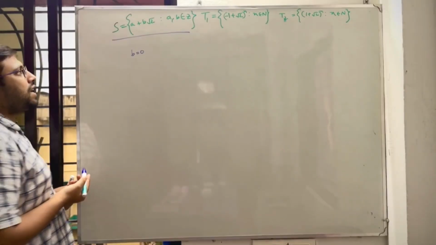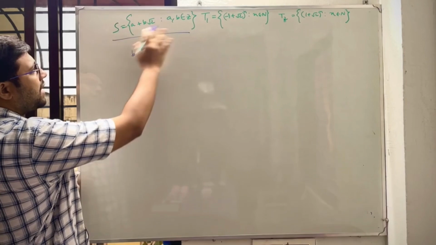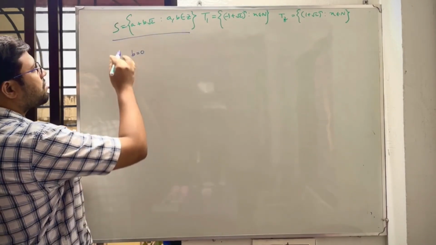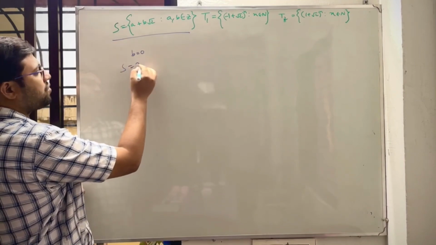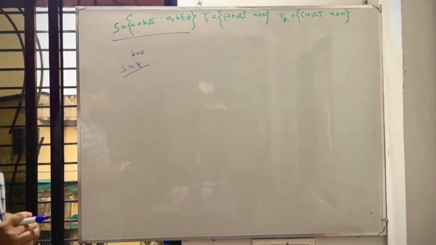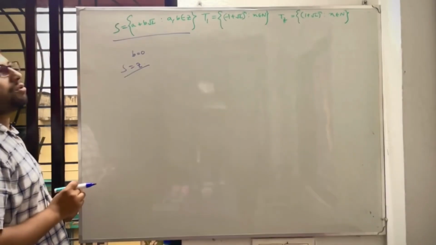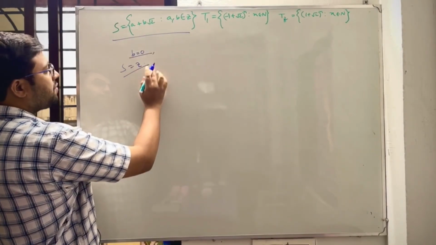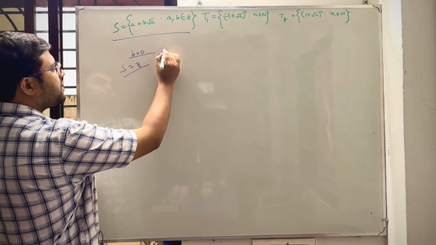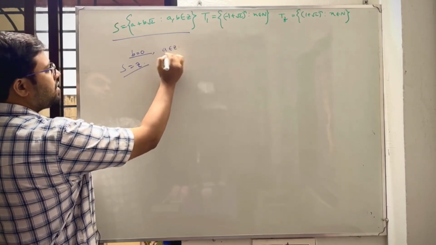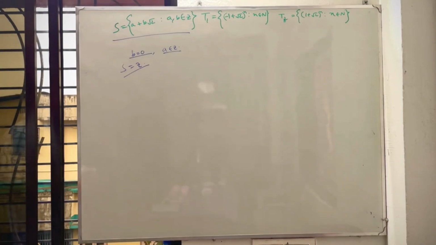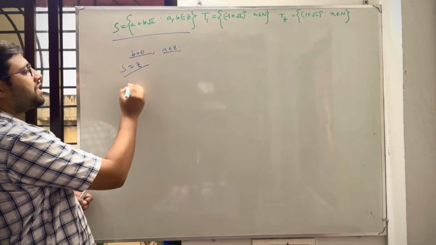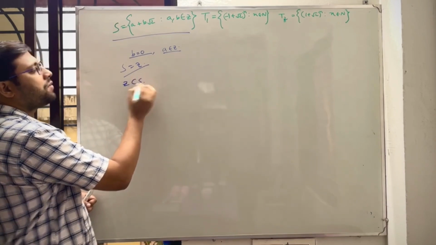And we vary a in Z, then S becomes exactly equal to Z. We take in all the cases b equal to 0, and we vary a, we take a belongs to Z, then S is exactly equal to Z. Then obviously Z is a subset of S.